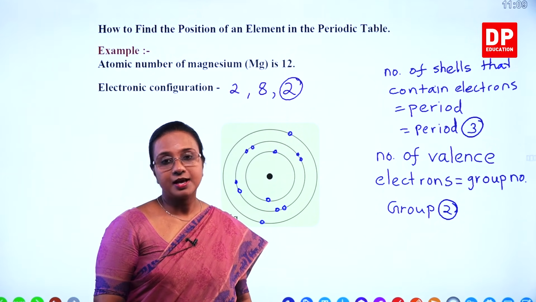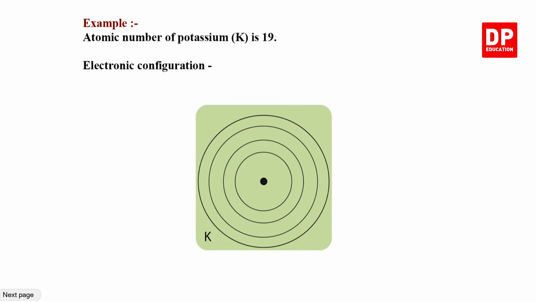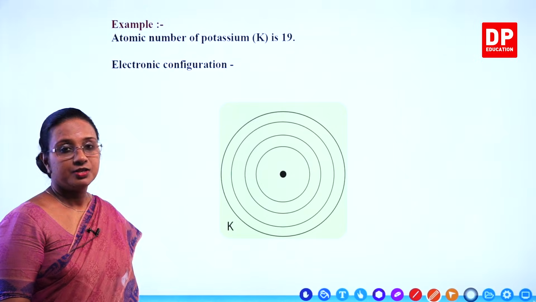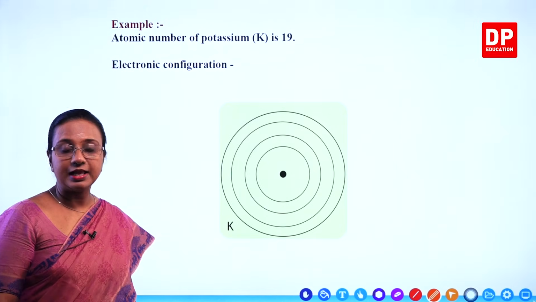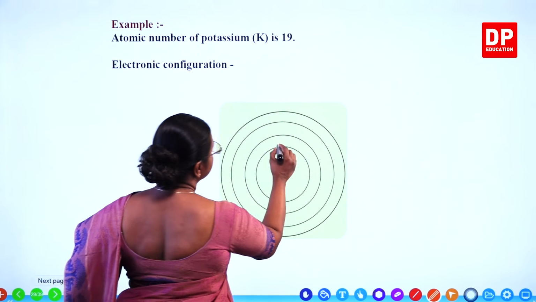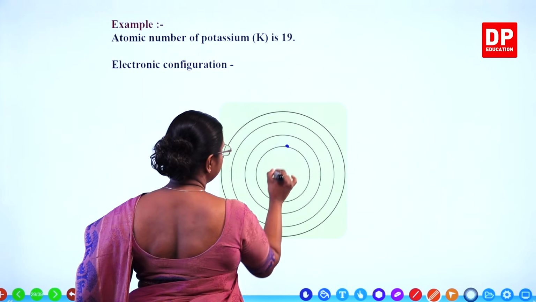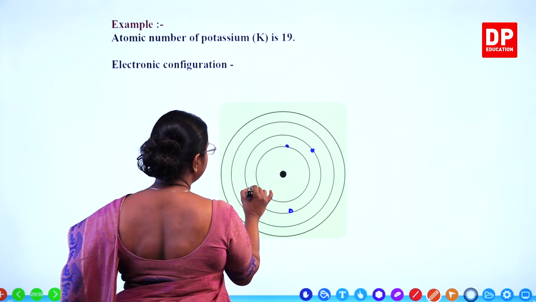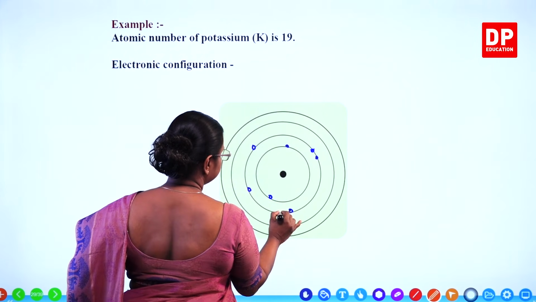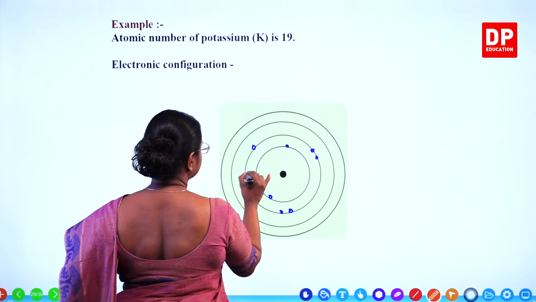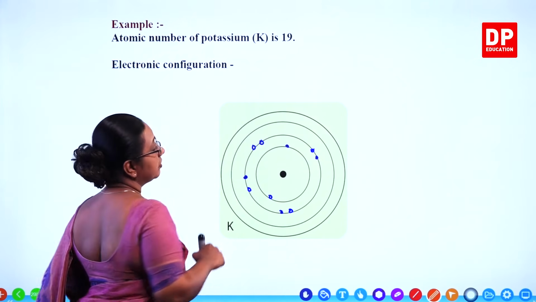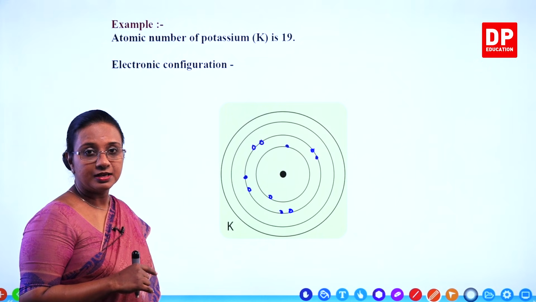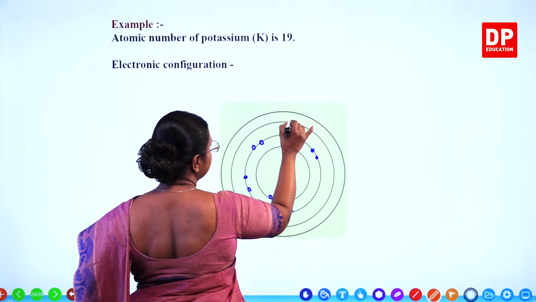We will look at another example. Atomic number of potassium is 19. So then we need to allocate the electrons first. In the first energy level, there can be 2 electrons. Second energy level can have 8 electrons. So we have allocated 10, another 8 to the third energy level.